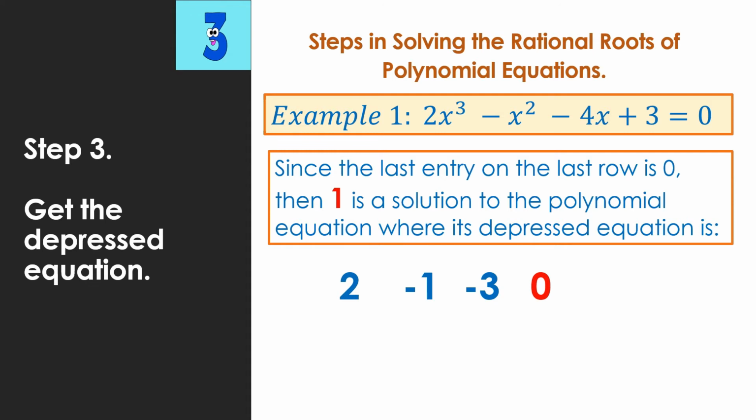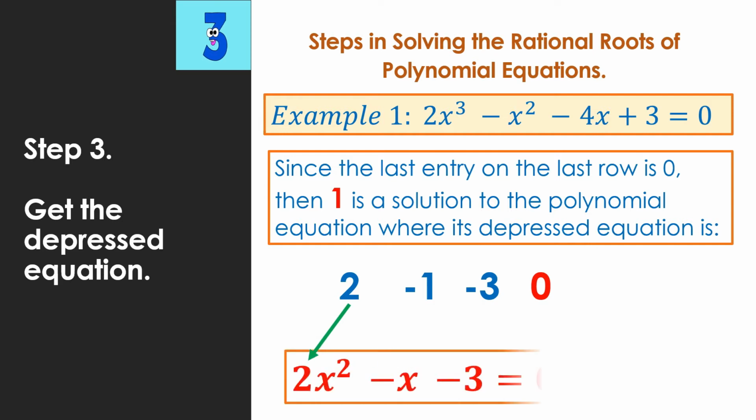Now let's proceed to step number 3. Get the depressed equation. Since the last entry on the last row is 0, then 1 is a solution to the polynomial equation. The entries on the last row are 2, negative 1, negative 3, 0. Then, we have to get the depressed equation. So, from 2 to 2x squared.